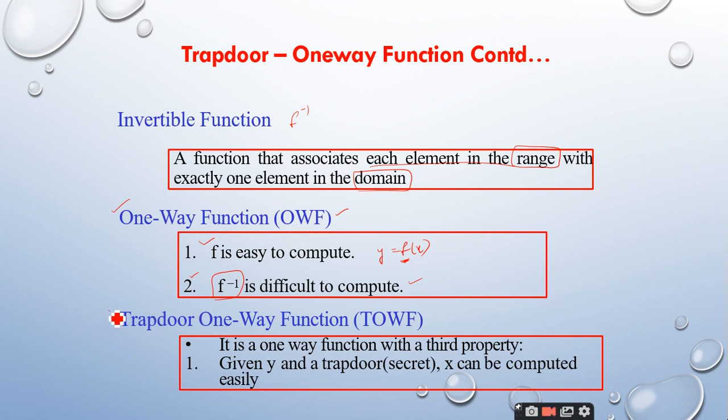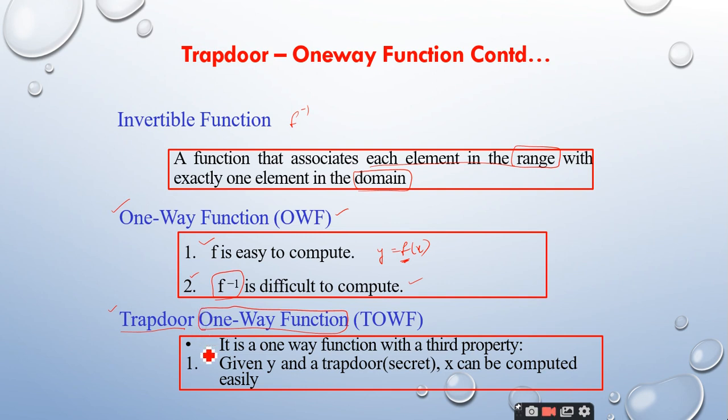Now the other category is called the trapdoor one-way function. What do you mean by trapdoor one-way function? A trapdoor function is also a one-way function: f is easy to compute, but f inverse is difficult to compute.